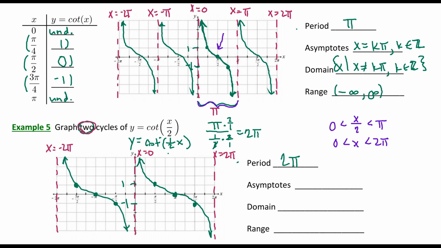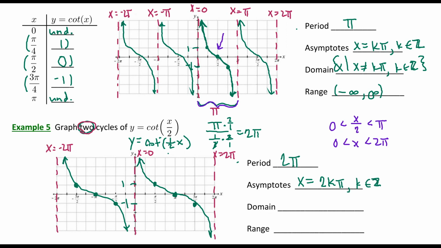Because the asymptotes occur every 2 pi units apart, we could write the equation for every possible asymptote of cotangent, recognizing that it is an even multiple of pi. So if k is an integer, then 2k is an even integer.